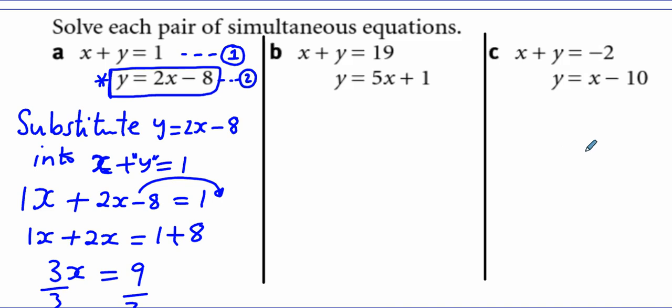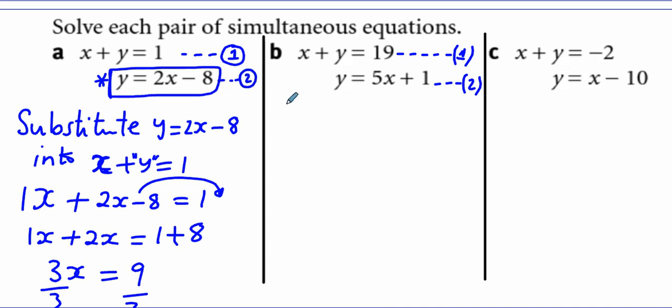Let's go to the second question. x plus y equals 19, y equals 5x plus 1. Label the two equations: equation number 1, equation number 2. Now you realize that equation number 2 has got a letter which is already the subject.